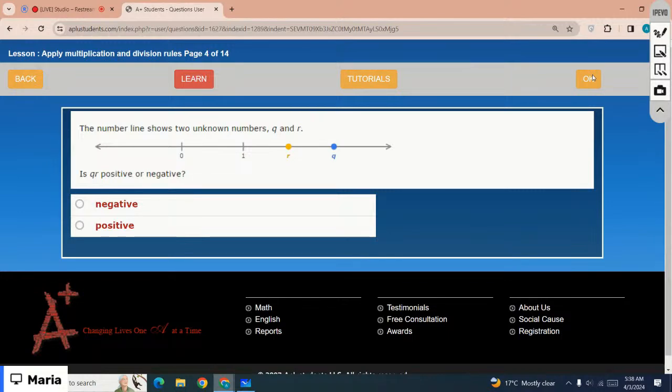So their product is also positive. The correct option is positive.